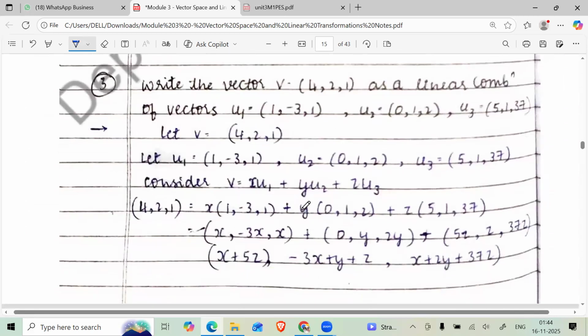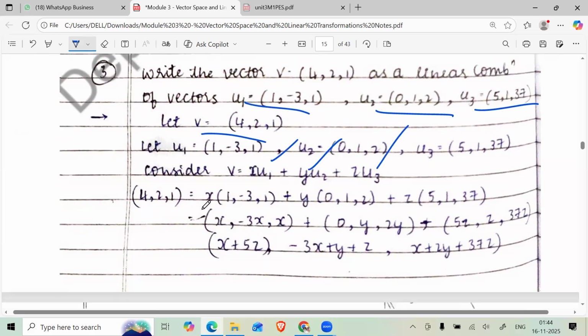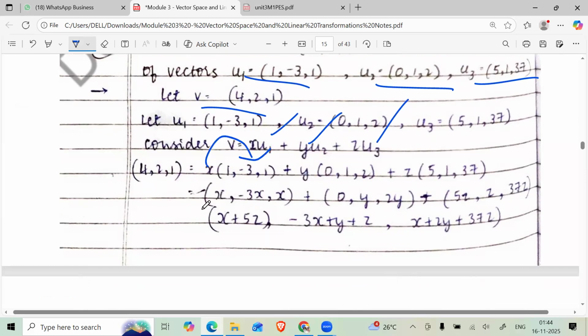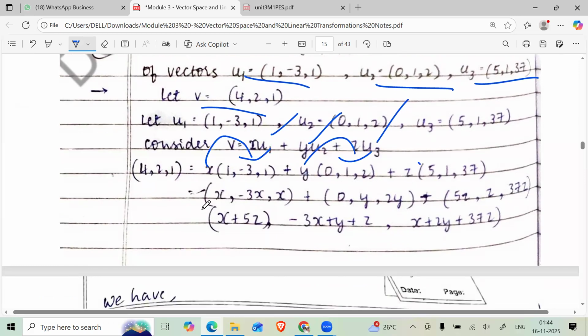In the college, what they will do is, if I take this question, U1 we are getting, U2 we are getting, U3 we are getting, right? And V is (4, 2, 1). So x U1 plus y U2 plus z U3, we did it. We'll multiply x into this fully, y into this fully, and z into this fully.